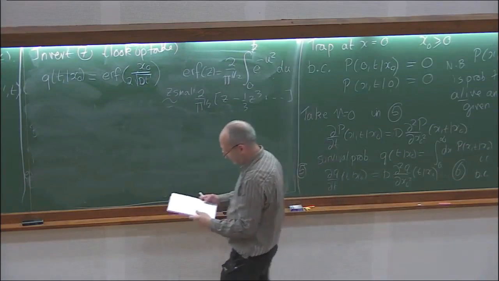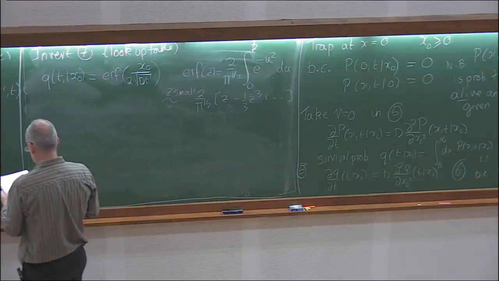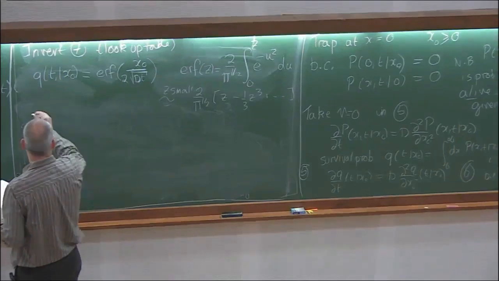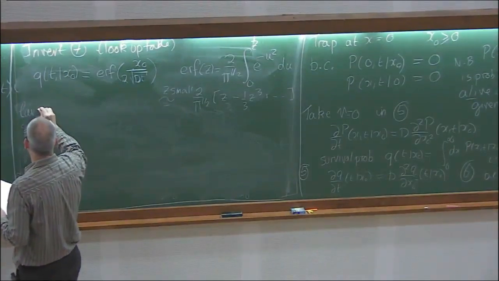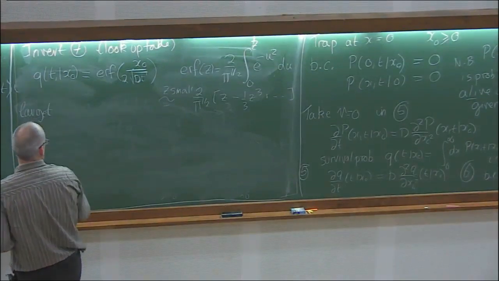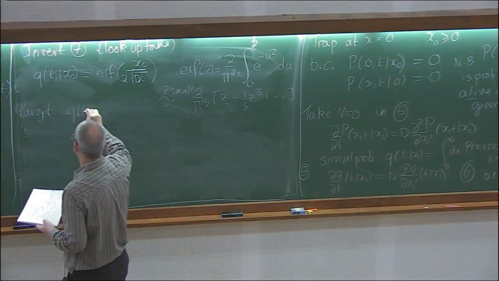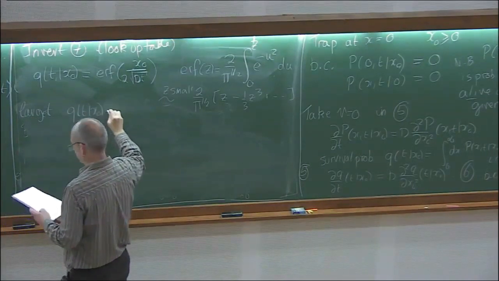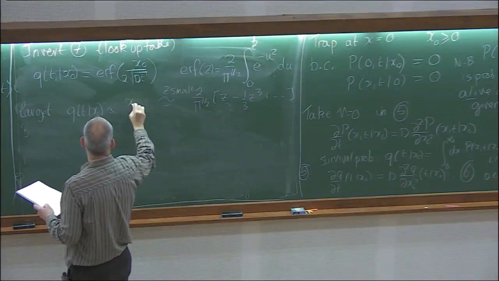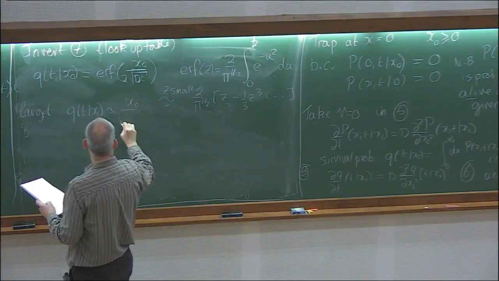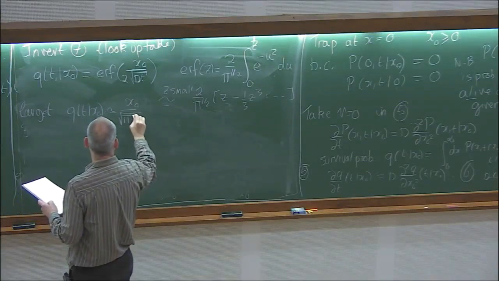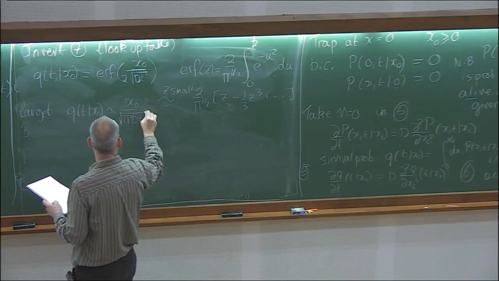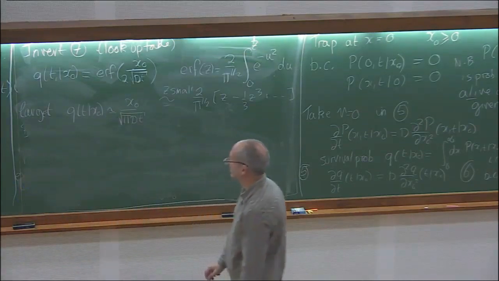So at large time, my survival probability is approximately x naught over root pi Dt. So what do I learn from that?